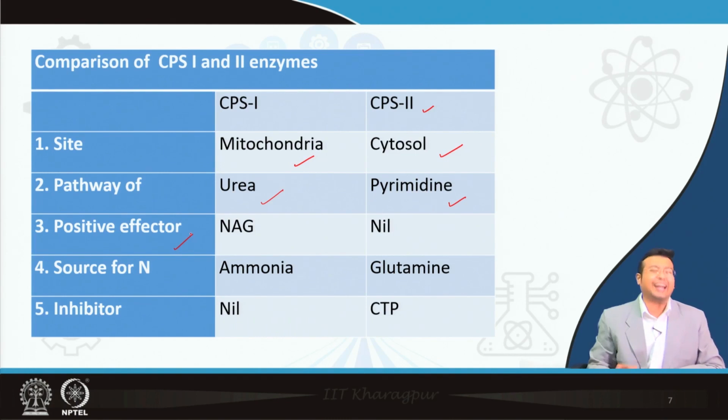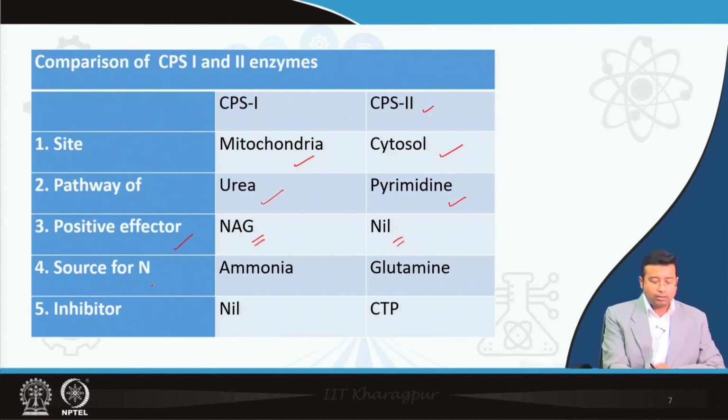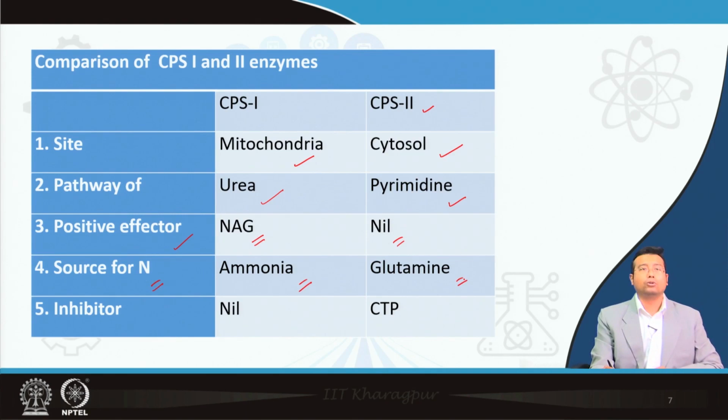A positive effector of CPS1 is NAG, N-acetyl glutamate. It plays a very important role in the regulation of urea cycle. Next, there is no known effector of CPS2, right. What is the source of nitrogen to act on CPS1? It is ammonia, and for CPS2 it is glutamine.